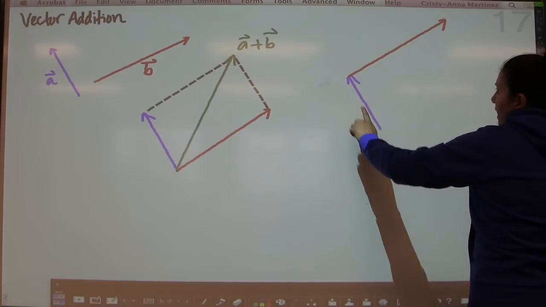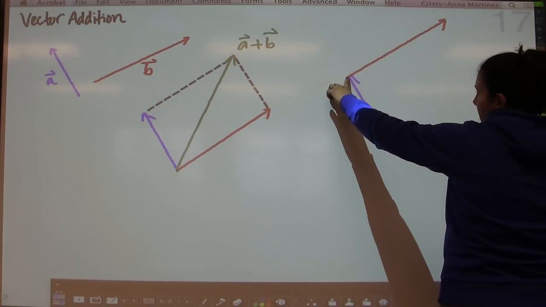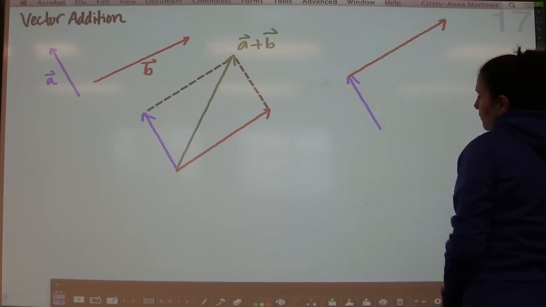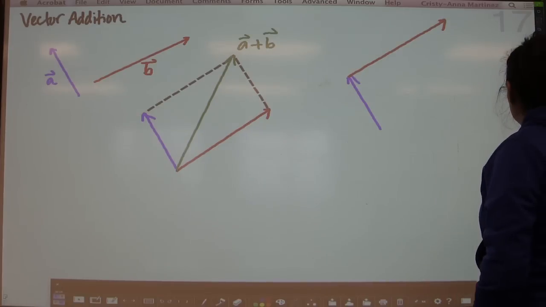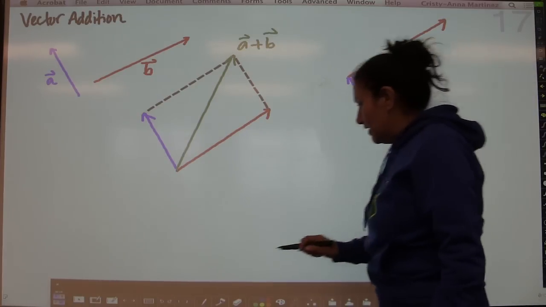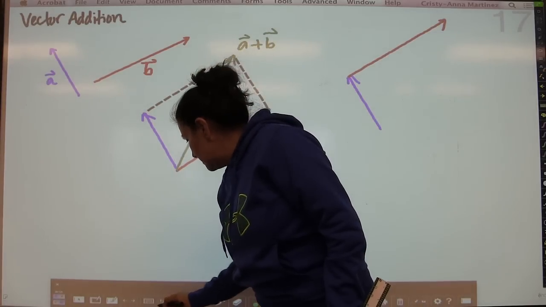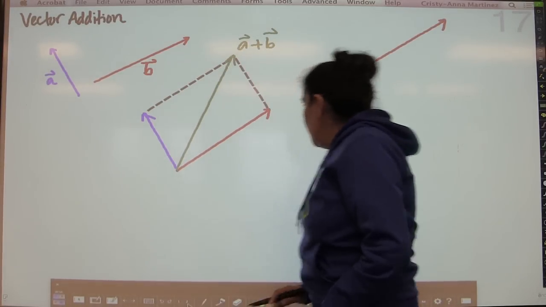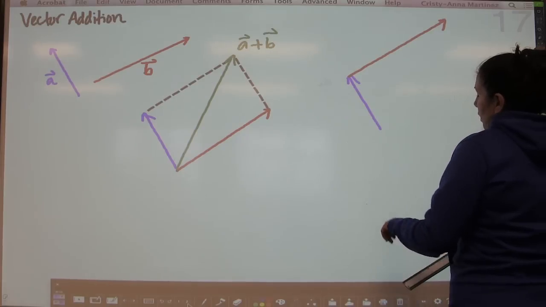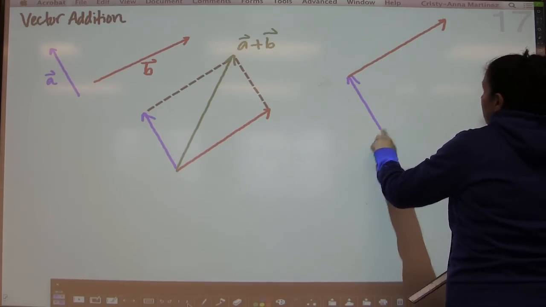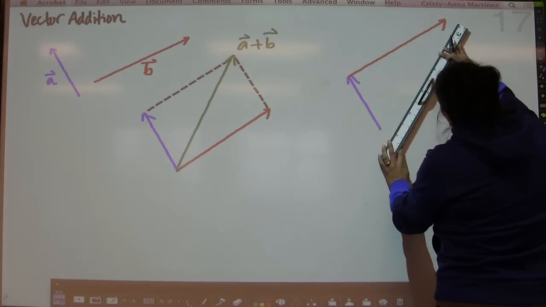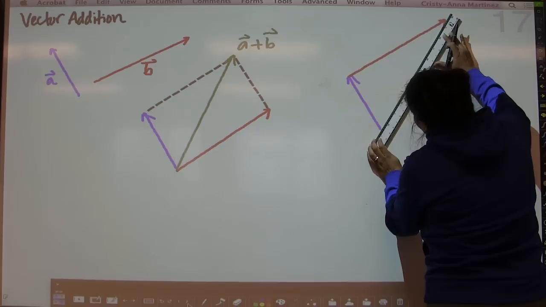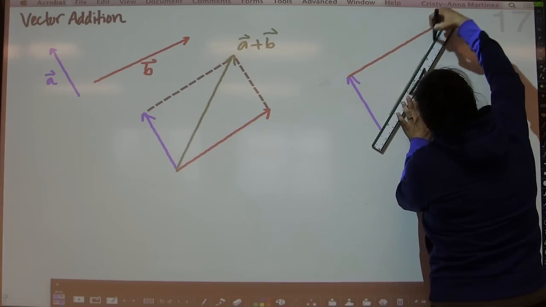So in this case, you have the tail of the red at the tip of the blue. And then your resultant vector would still end up being the same thing as in the parallelogram method, but it would go from the tail to the tip of what would now form a triangle, which is why it's called the triangle method.